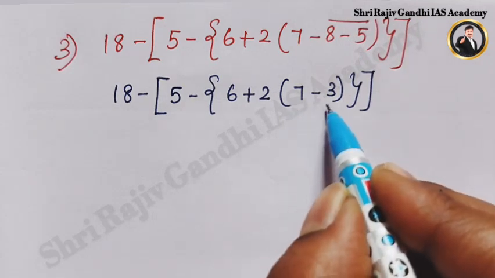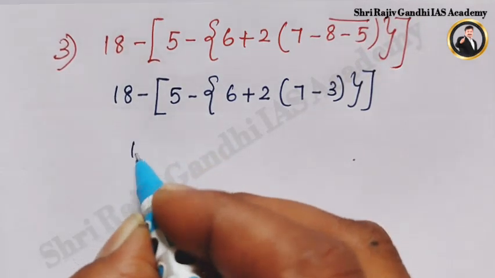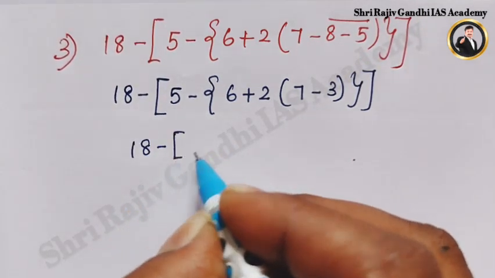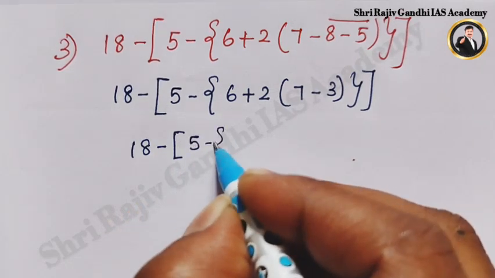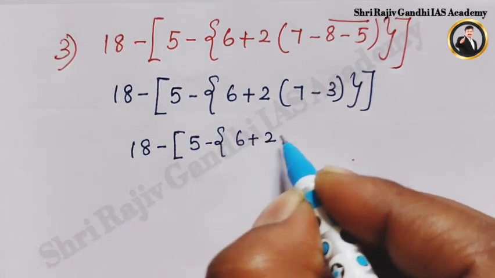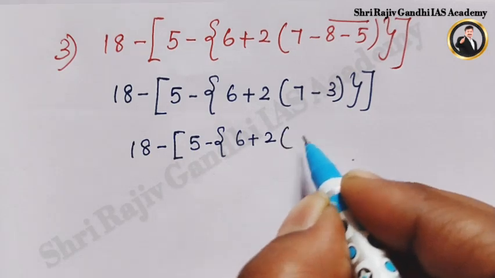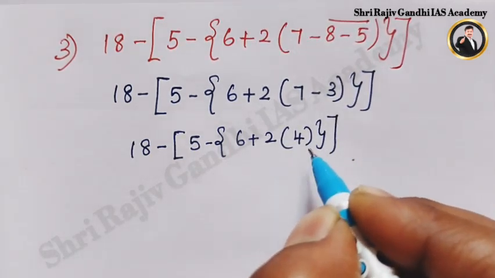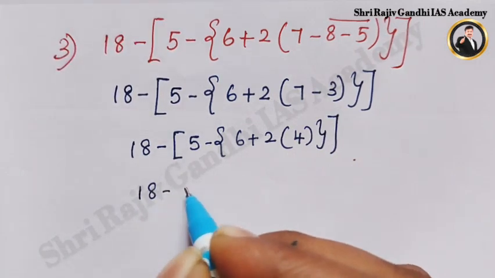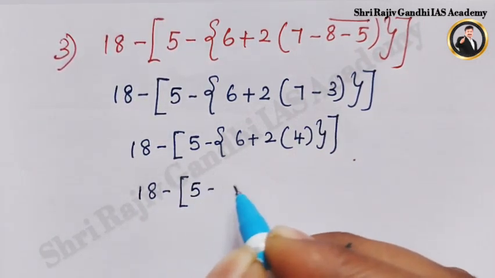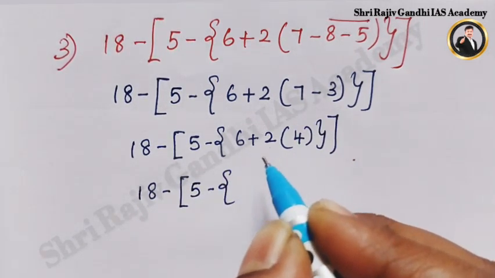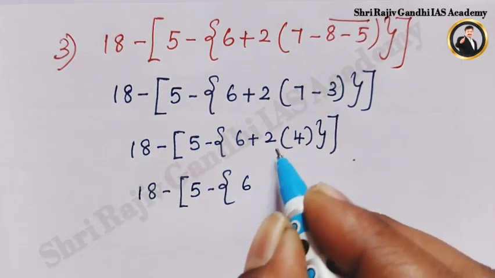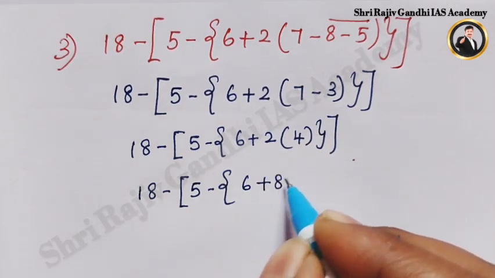So first we have to release the small bracket here. So 18 minus bracket of 5 minus bracket of 6 plus 2 bracket of 4. So here we have to put 4 bracket bracket. Next we have to release this bracket. So 18 minus bracket of 5 minus 6 plus 2, 2 into 4, that is plus 8.